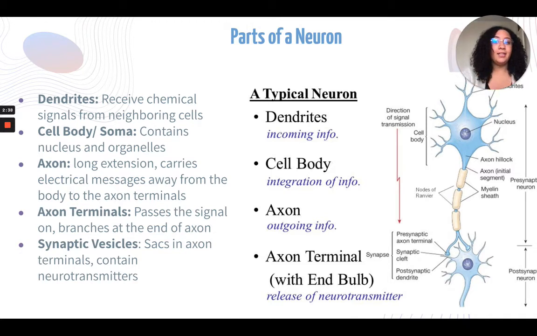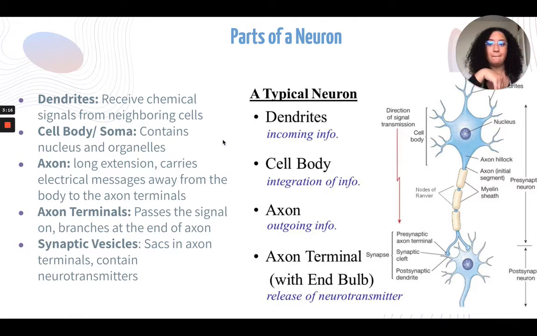And then the cell body, also known as the soma, contains the nucleus, and it also contains the organelles that are needed for a cell, because a neuron is a cell. And then there's an axon. Remember that trunk? That's the long extension. It carries electrical messages away from the cell body to the axon terminals. So it goes from the dendrites, the axon carries the electrical messages, and then that goes to the axon terminals.